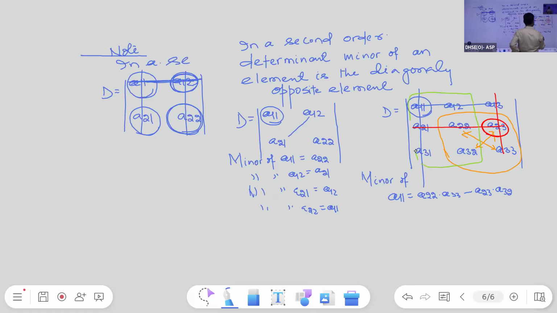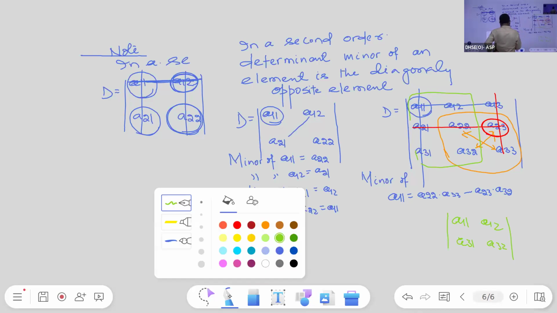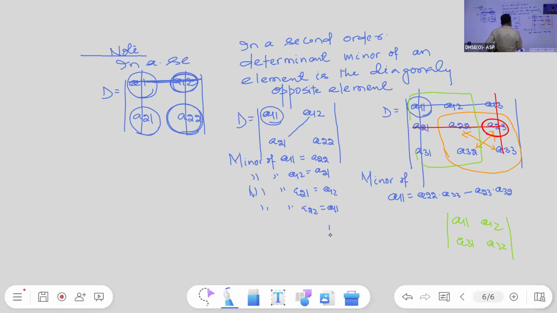That is A11, A12, A31, A32. Okay, so we can write minor of A23 is the value of this determinant, that is A11 into A32 minus A12 into A31.